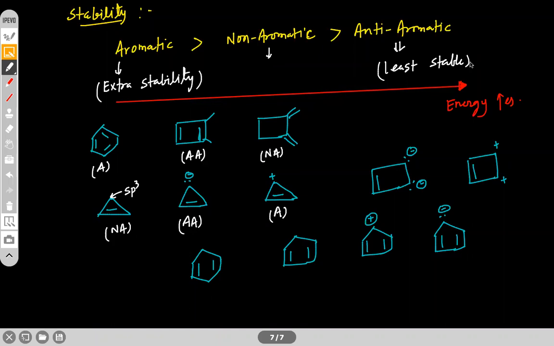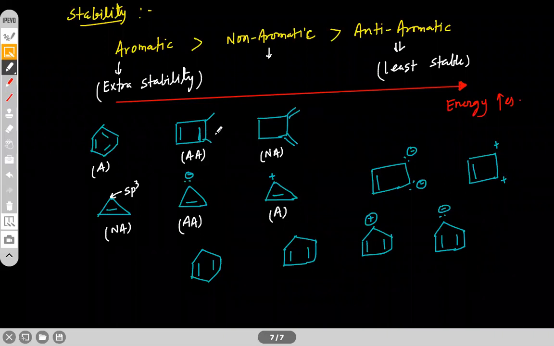See here, the second one. You don't have to think about these methyl groups present here. Aromatic behavior is because of the ring, correct? So if a ring is present, we'll consider the ring only. Just ignore this and this. We have a ring, cyclic, planar, conjugated, with 4 pi electrons.